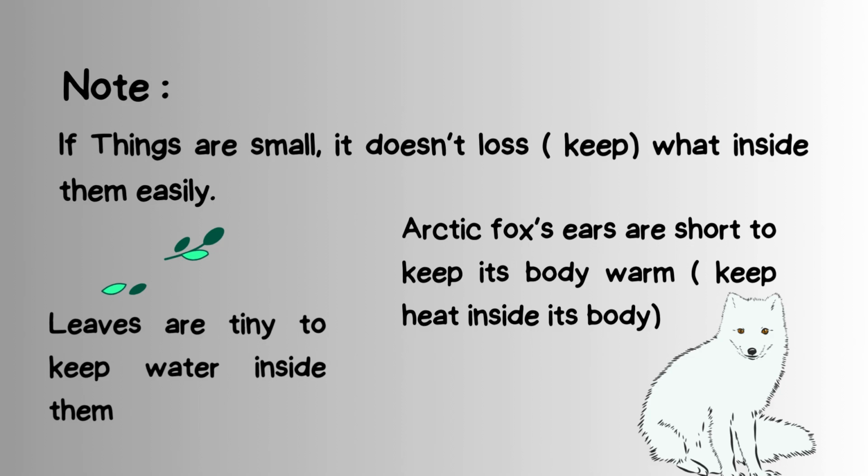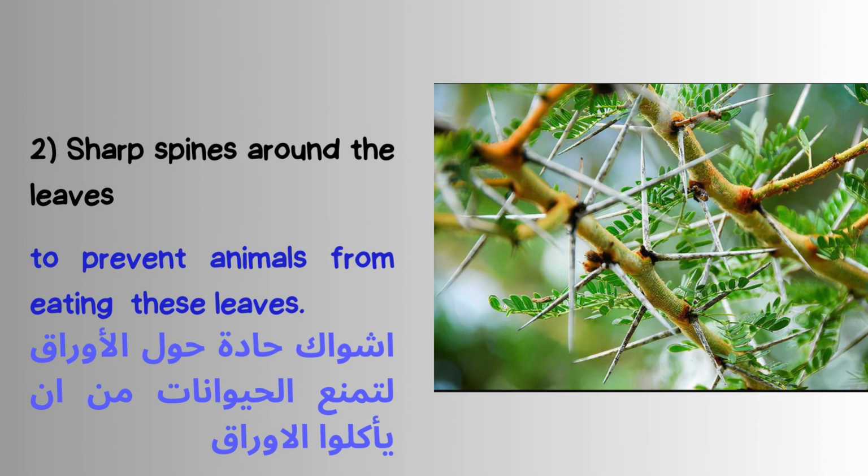So here, small things keep what is inside them easily, as the leaves in the acacia tree keep the water inside them, and the small ears of the Arctic fox keep the heat inside its body. So I hope this point is clear for you, okay?